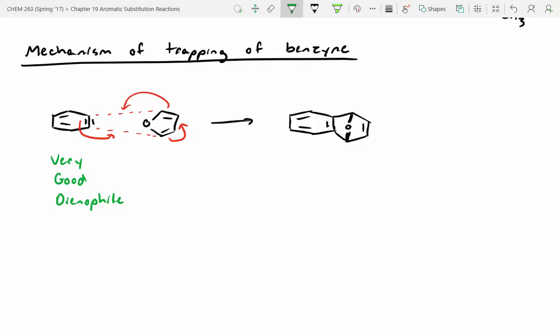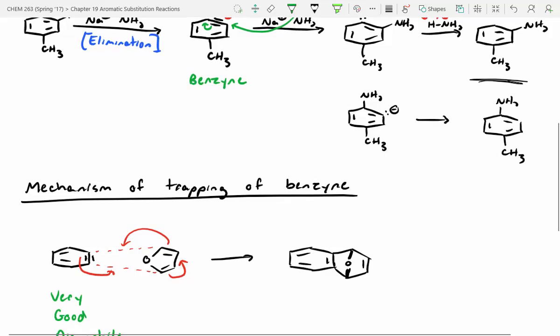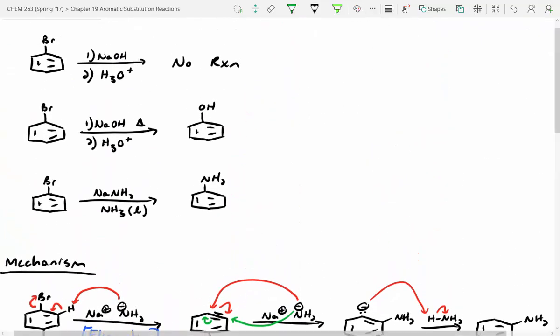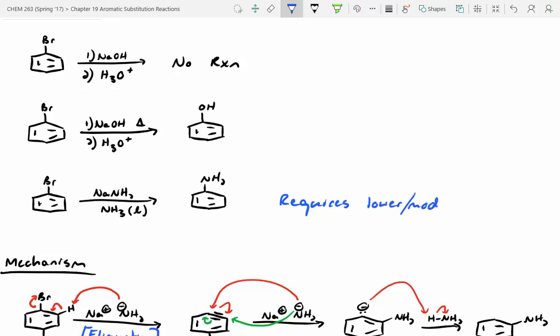So the benefit of using the base as sodium amide is that this requires lower temperature, or moderate temps. This one requires really high temps.